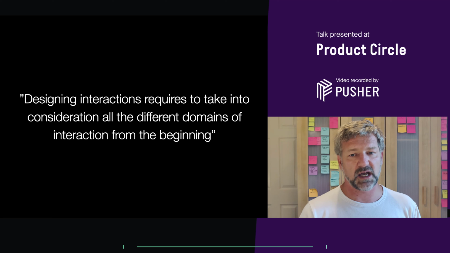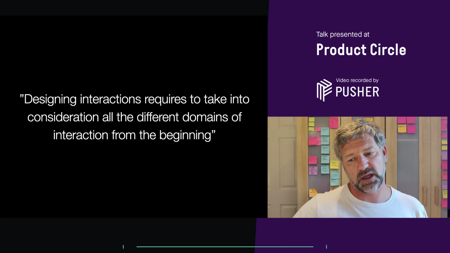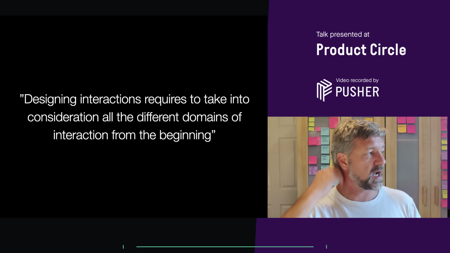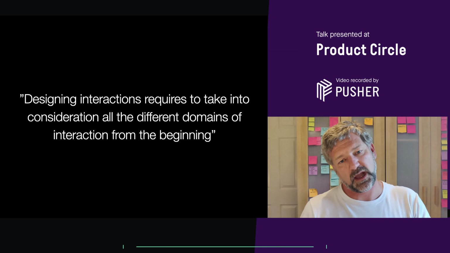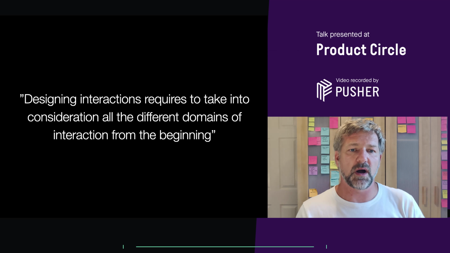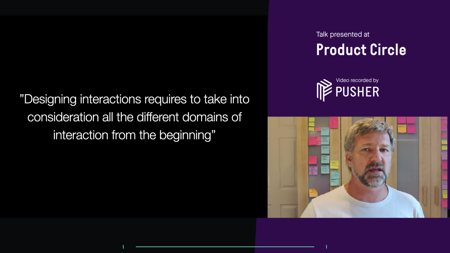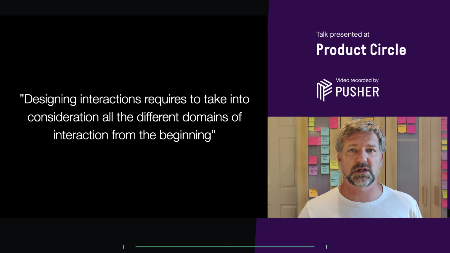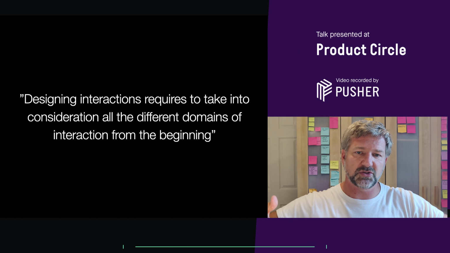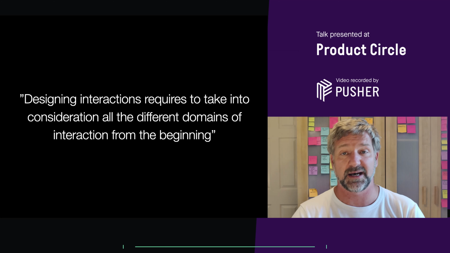You can't design one button without thinking how the button works in the hardware. You can't design an element that moves and shows a volume change without taking into consideration what happens in the hardware. It is super important that you take those things into consideration from the beginning. Otherwise, you're going to redesign them many, many times.